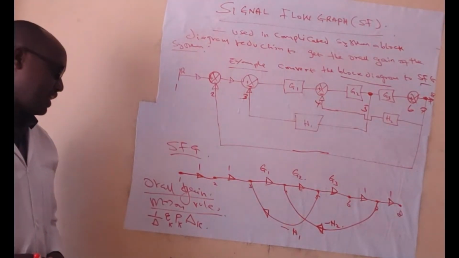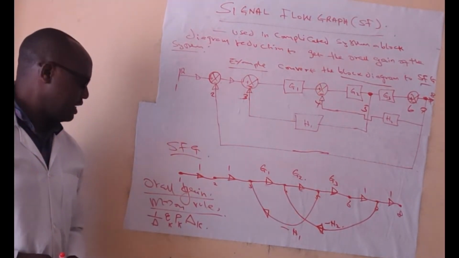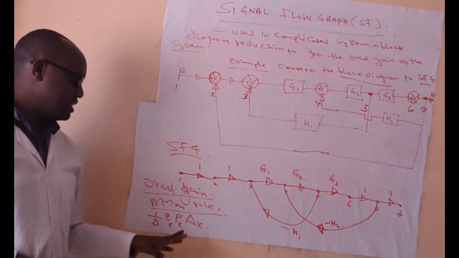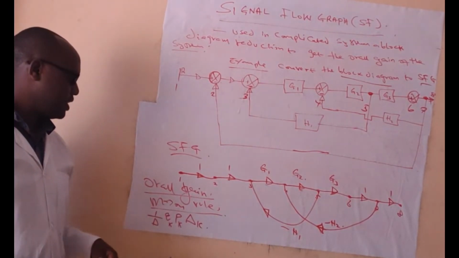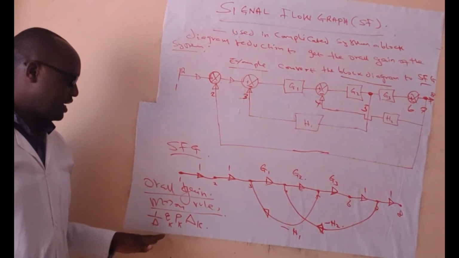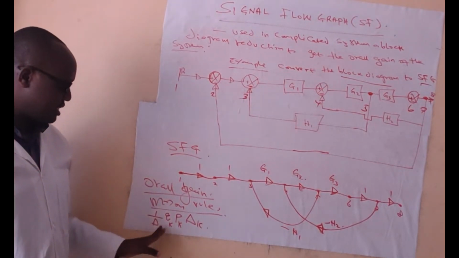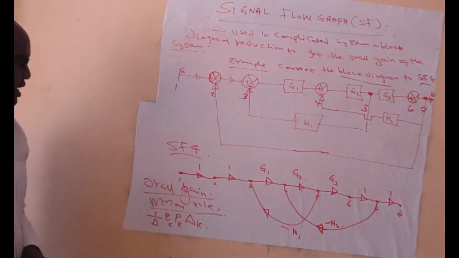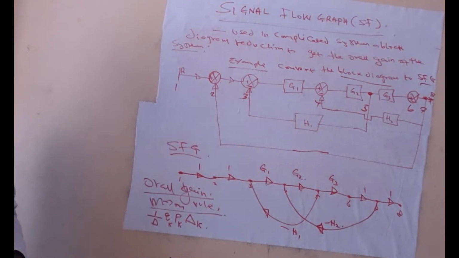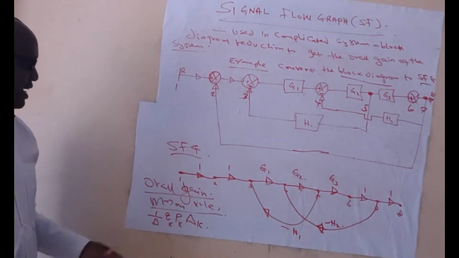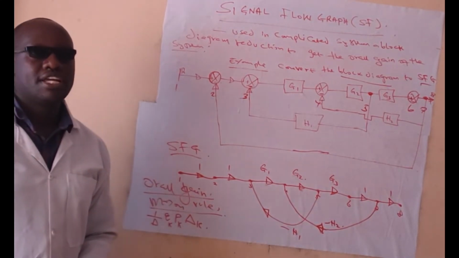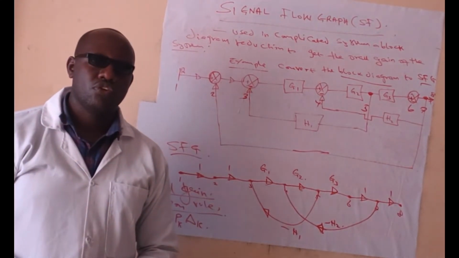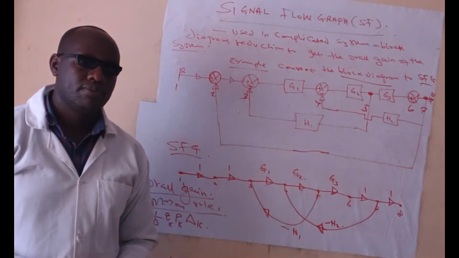In the next lessons we shall define what all these deltas, summations and gains are, in the next class. But this rule will help us to come up with the overall transfer function of that system.